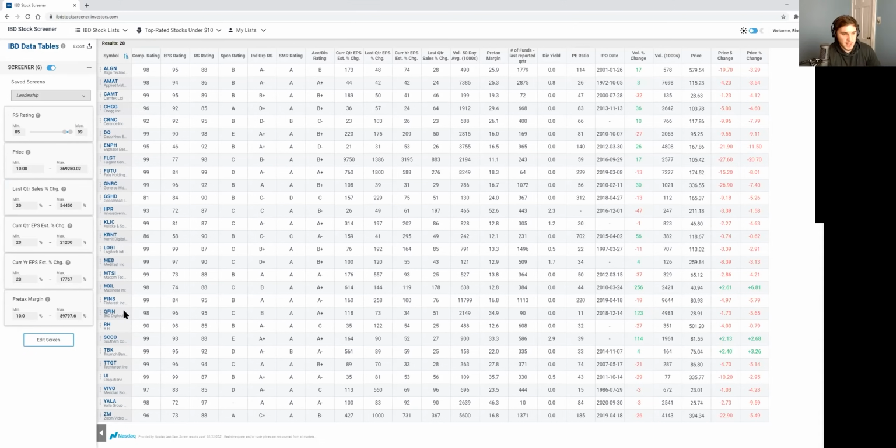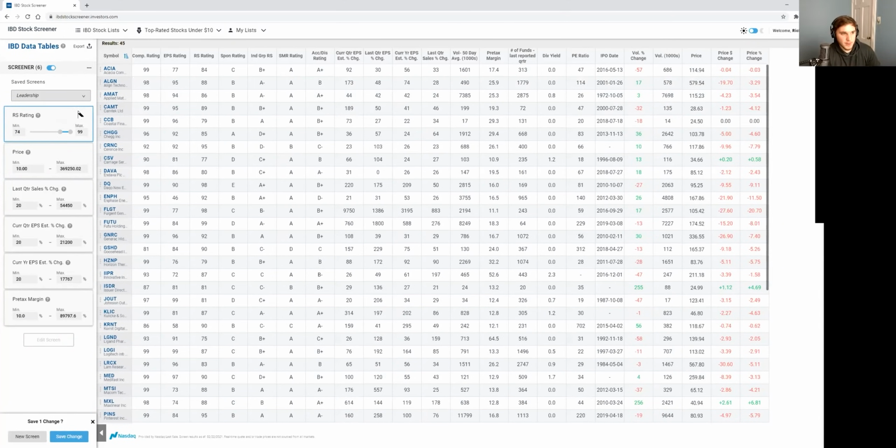Pins, you got QFIN, which is the sector leaders. RH, another strong name. UI has been good. Yala, Zoom. 28 stocks out of 8,000, a pretty good selection there. Obviously, you can lessen the restrictions here and open it up a little bit, but probably not for RS rating. You wouldn't want to do that.